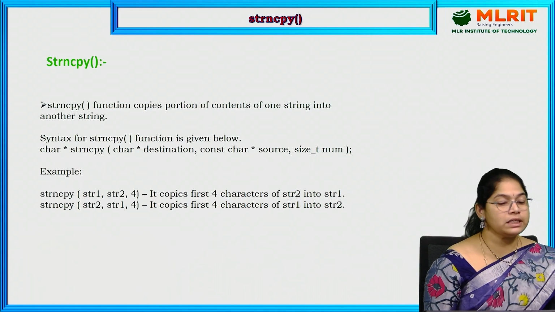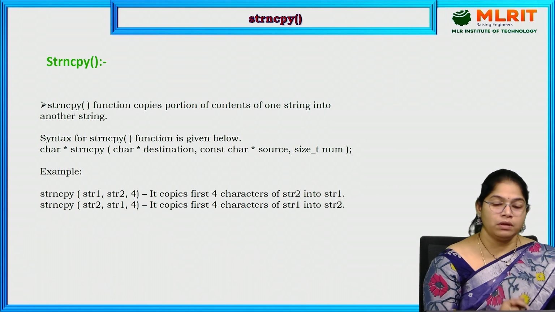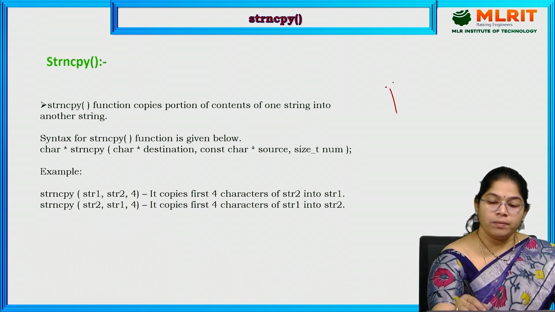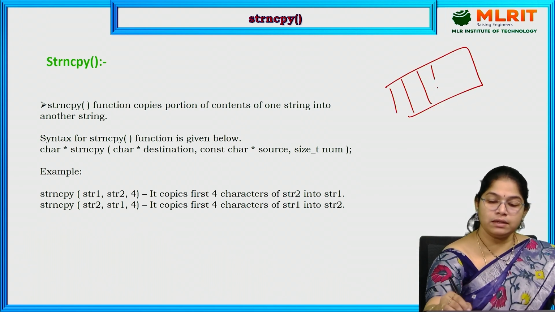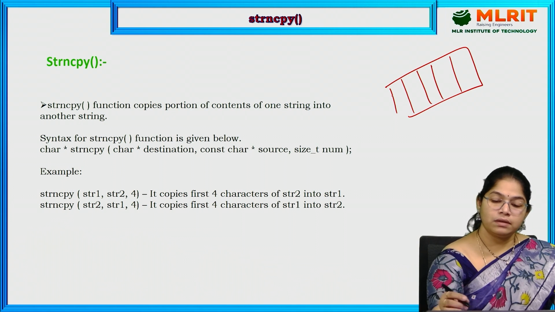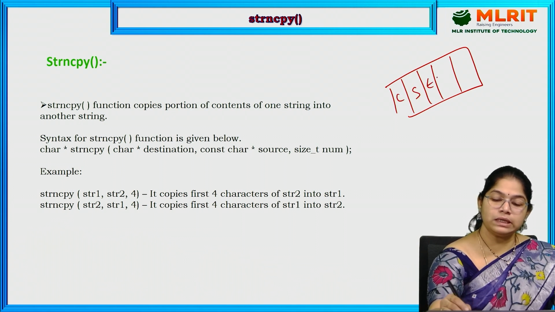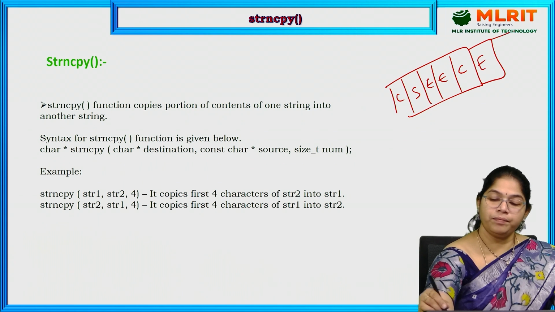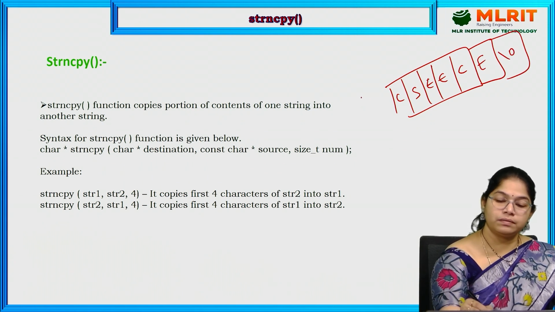Then next, strncpy. That means if I want to copy some portion, suppose let us consider the example CSE, then ECE, ending with a null character. Suppose the string name is str and it stores the base address, suppose 1000.